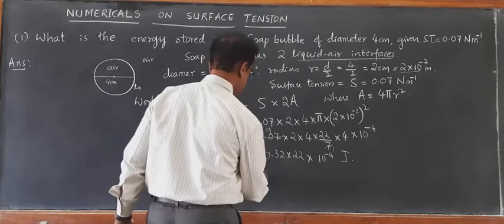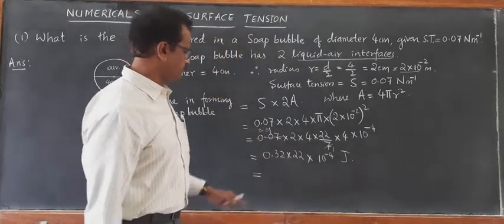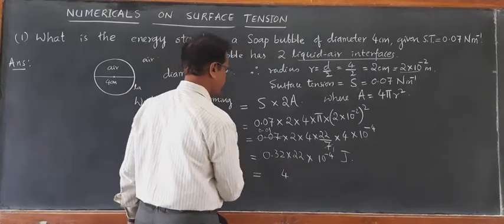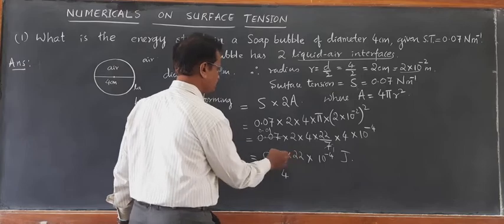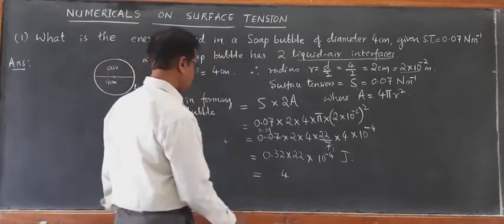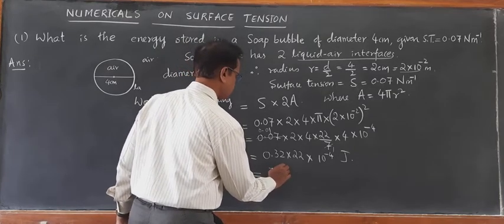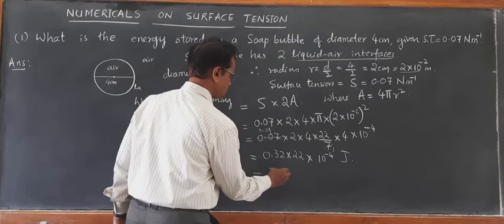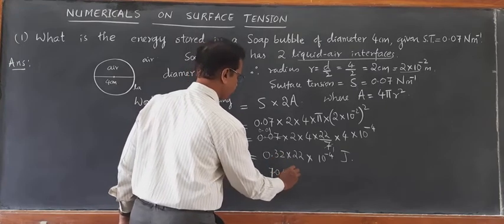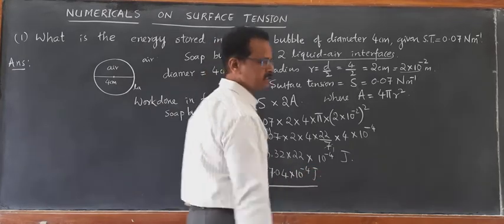If you calculate, 22 twos are 44, carry 4. 22 threes are 66, 66 plus 4, 70. So leaving 3 decimals, it becomes 7.04 into 10 to the power of minus 4 joules. This is the result.